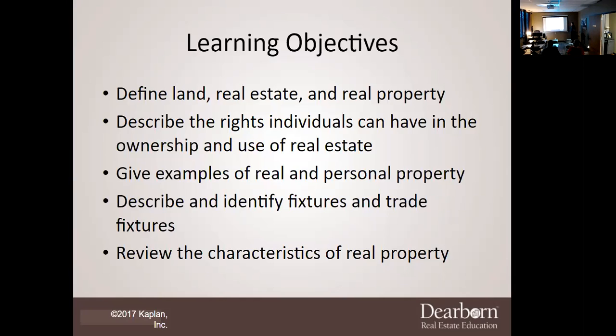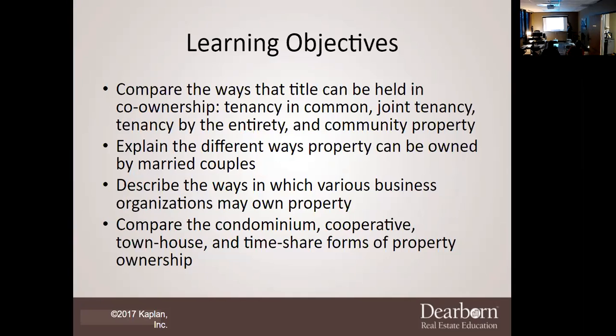We'll also give some examples, and you all will also give examples of real and personal property. And we'll also describe and identify fixtures and trade fixtures. Lastly, we'll jump into reviewing the characteristics of real property as well.